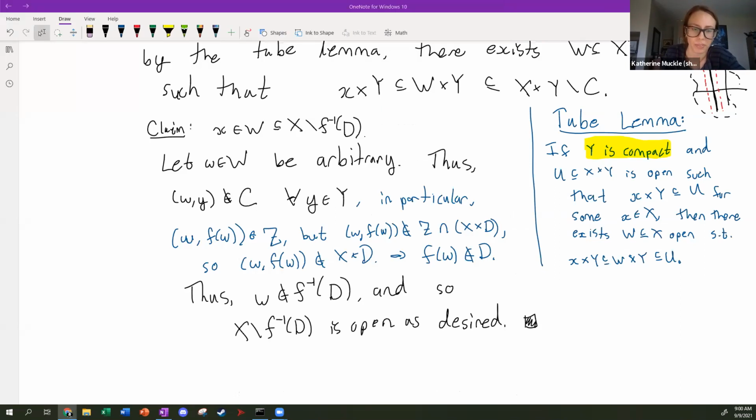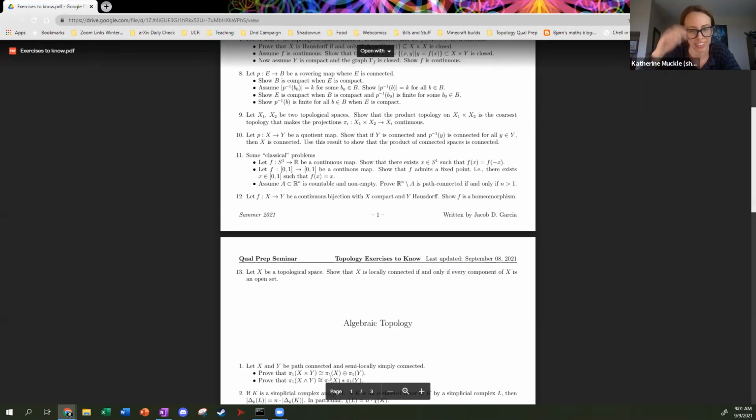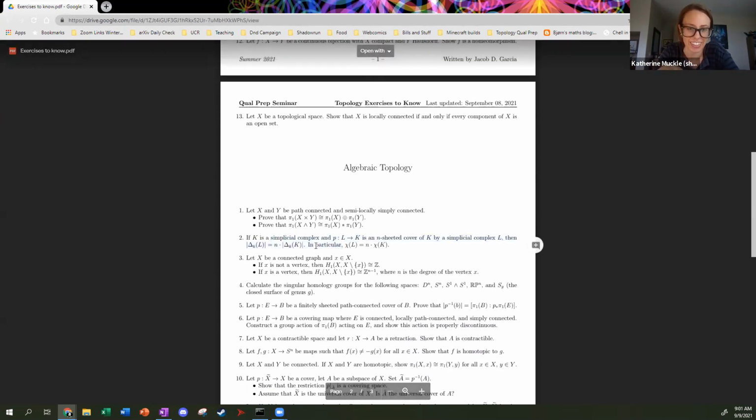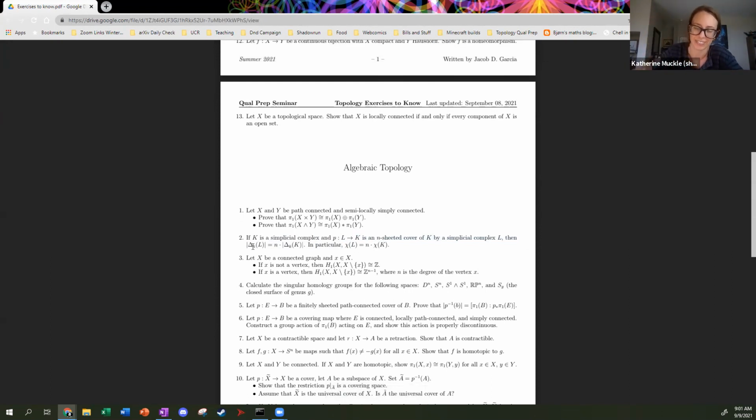Oh, Jacob, while we're there, in number 2 in the algebraic topology, I just remembered that I know what the chi's mean from Schultz's notes, but what does the triangle with the K mean in that thing? Yeah, that is the set of K simplices.